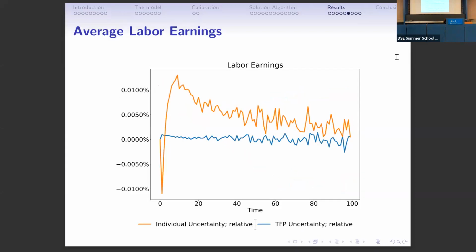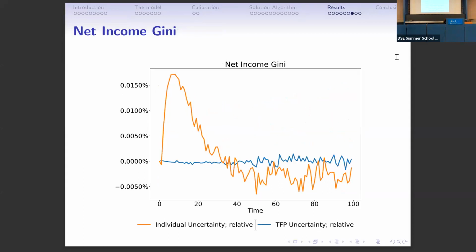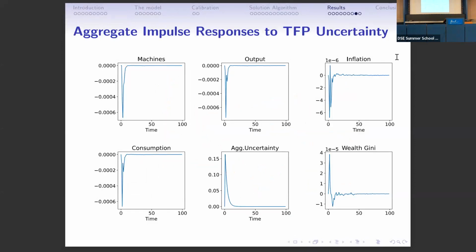Then this is how labor earnings look like, and the net income Gini increases. So there is an increase in income inequality due to individual uncertainty and not due to aggregate uncertainty. And then at the qualitative level, the difference between TFP uncertainty and idiosyncratic uncertainty is the effect on, let's say, output, capital, consumption.